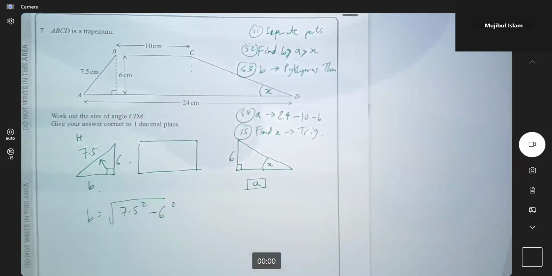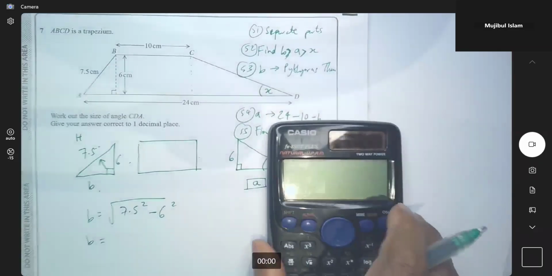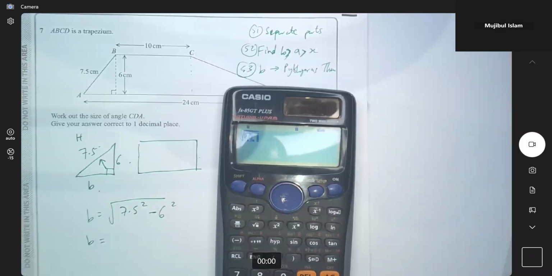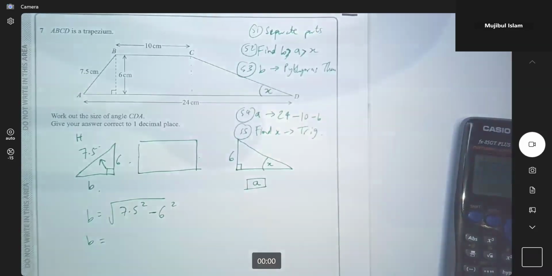So I've done two steps in one go: subtracting the squares and square rooting. Put that in a calculator. What do we get? Square root of 7.5 squared take away 6 squared gives us 4.5.